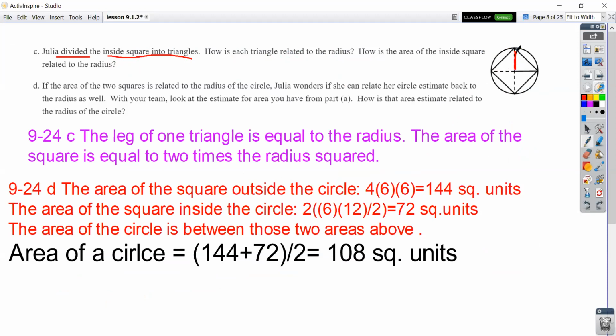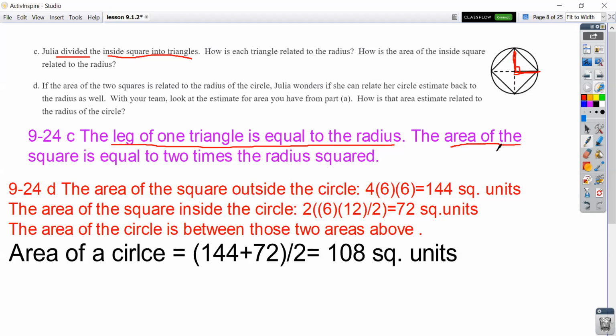The leg of one triangle is equal to the radius. This is the leg of the triangle. This is another leg of the triangle. The leg of the triangle is equal to the radius, yes.